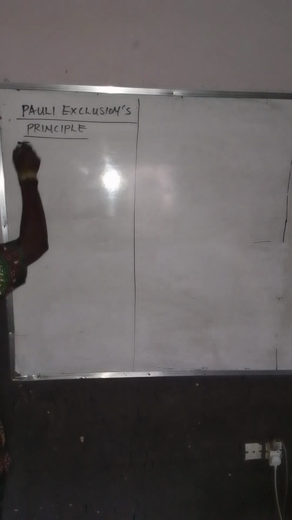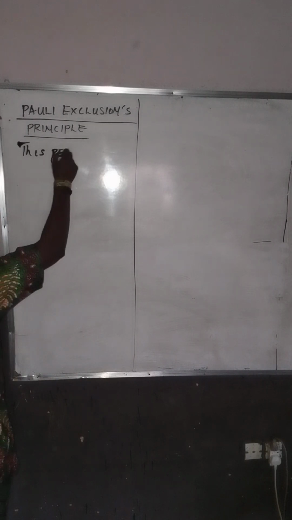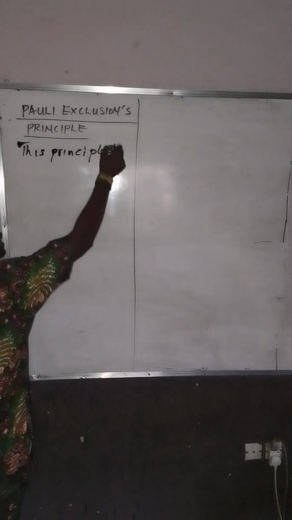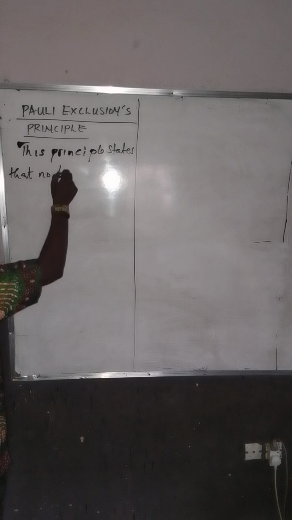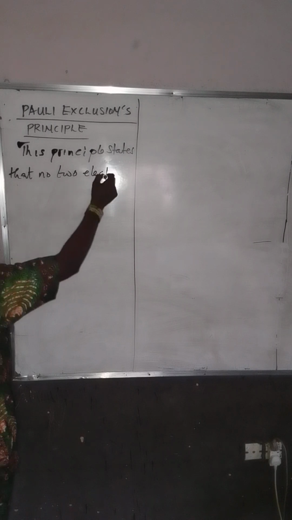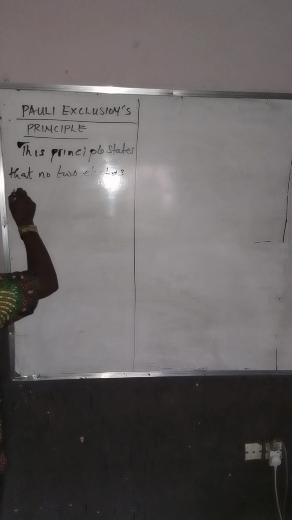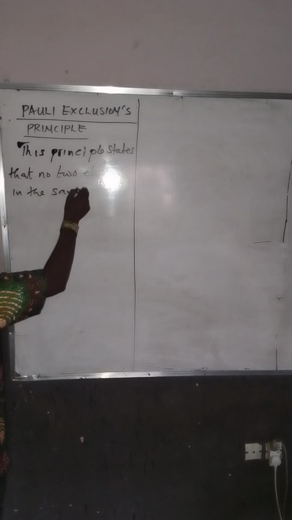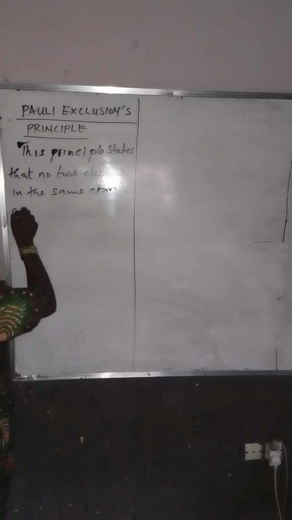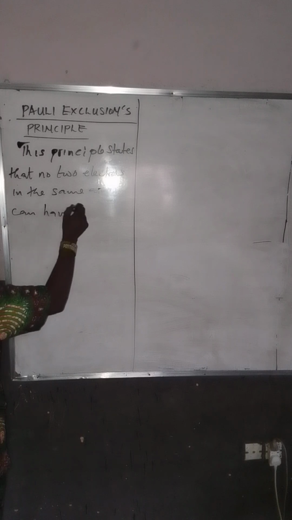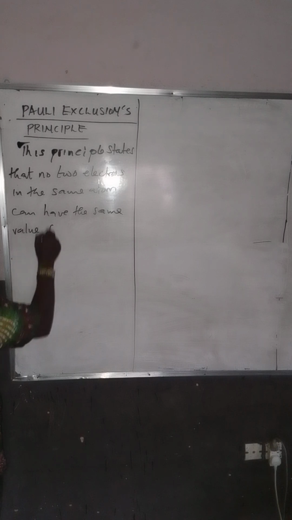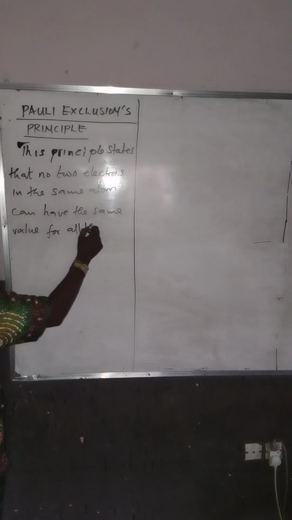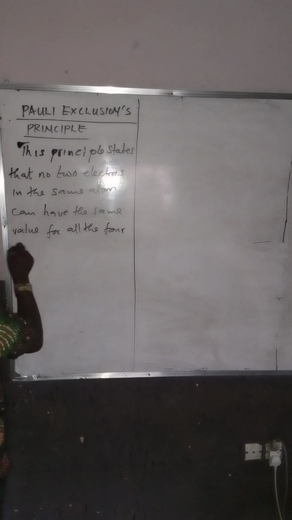What does this principle state? This principle states that no two electrons in the same atom can have the same value for all the four quantum numbers.